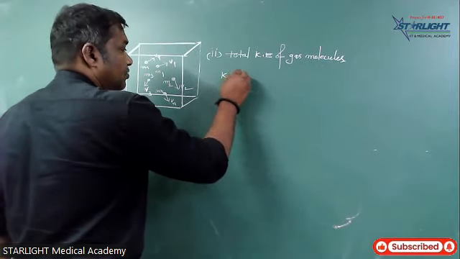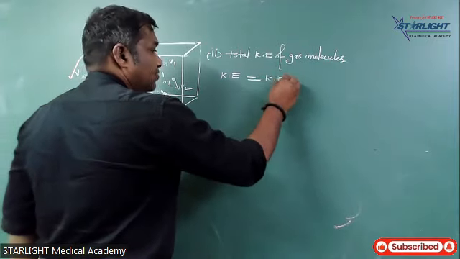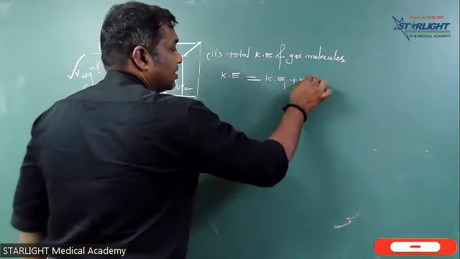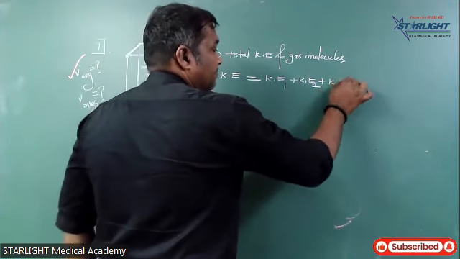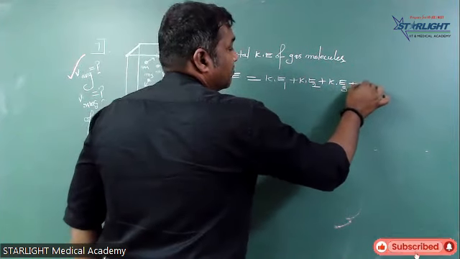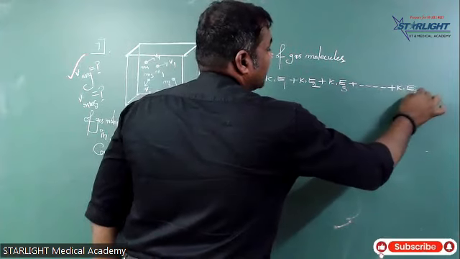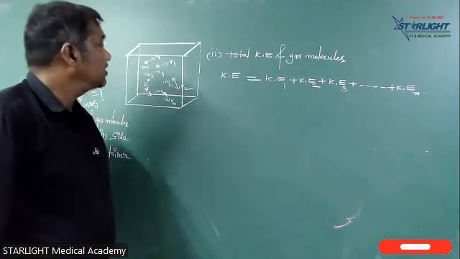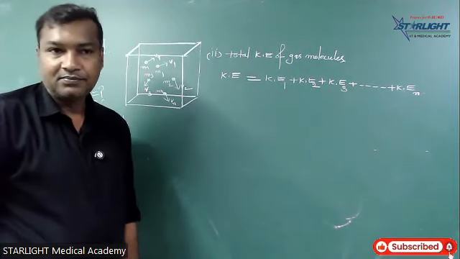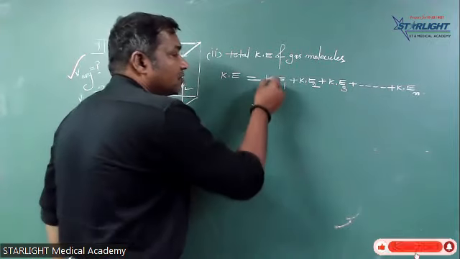Total kinetic energy is equal to the kinetic energy of the first gas molecule plus the kinetic energy of the second gas molecule plus the kinetic energy of the third gas molecule, and so on, plus the kinetic energy of the last nth molecule. Here I am taking the masses of all gas molecules to be the same.